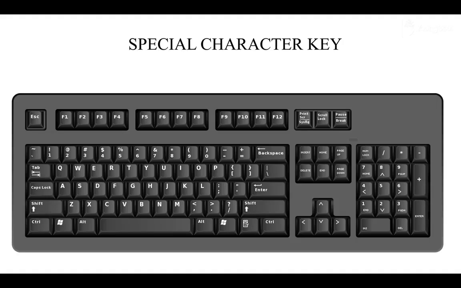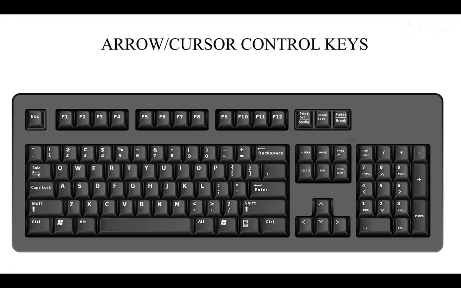In computer science, a key on a keyboard that, when pressed in combination with another key, gives the other key an alternative meaning. These include the Alt key, Control key, and arrow or cursor control keys. These are special keys on computer keyboards that move the cursor.